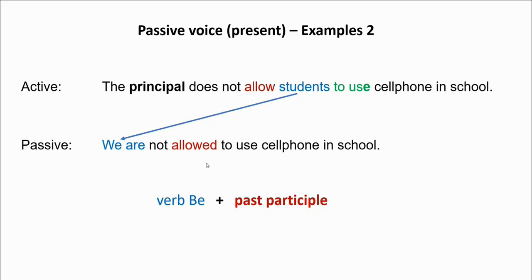It's a negative, and again, this is a past participle. All right? This is a past participle, allowed. This is not a past simple, but a past participle.